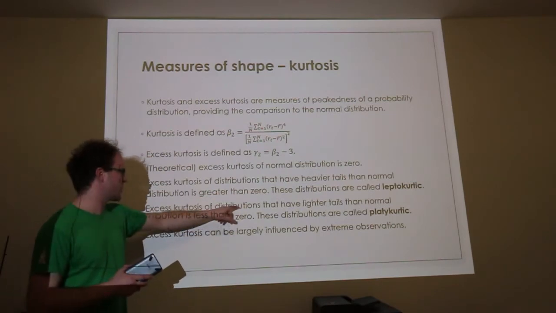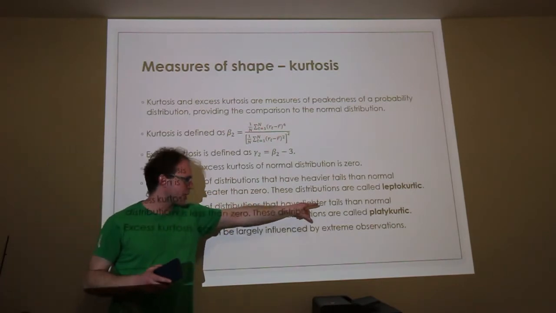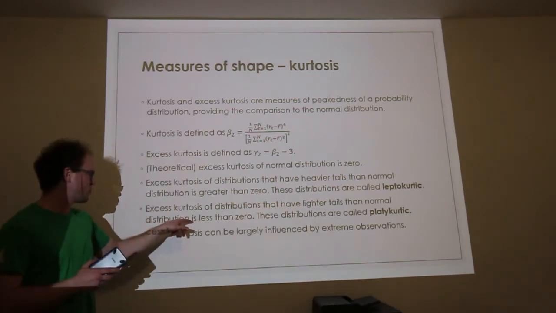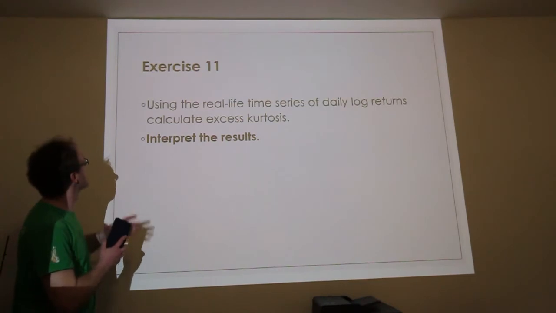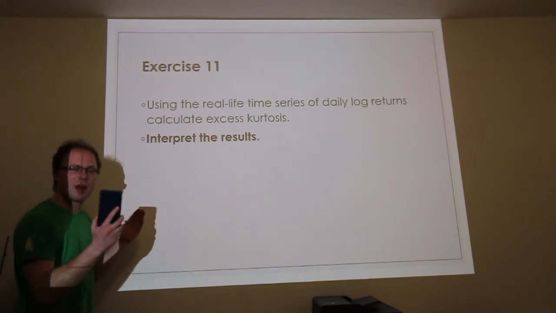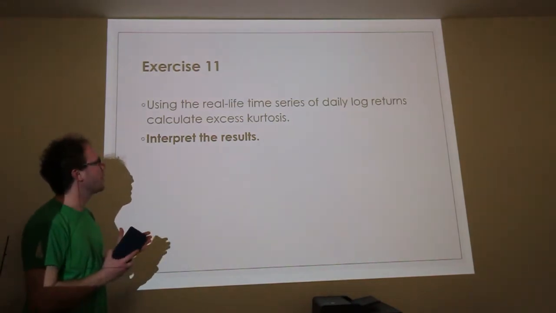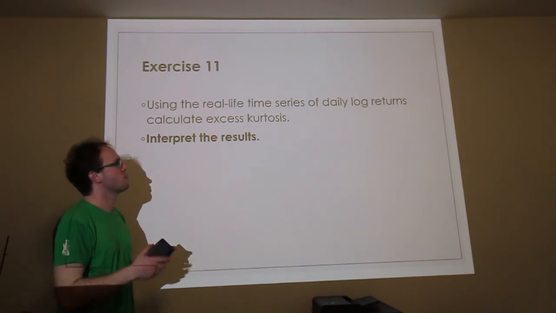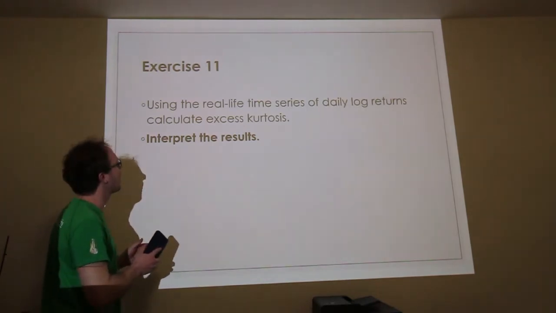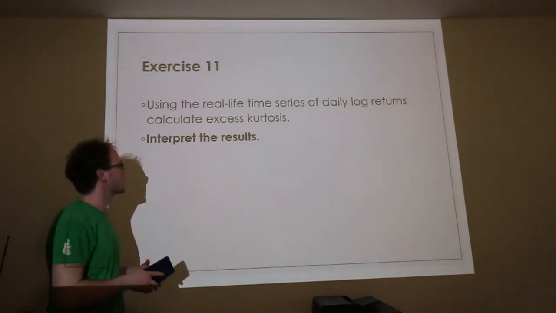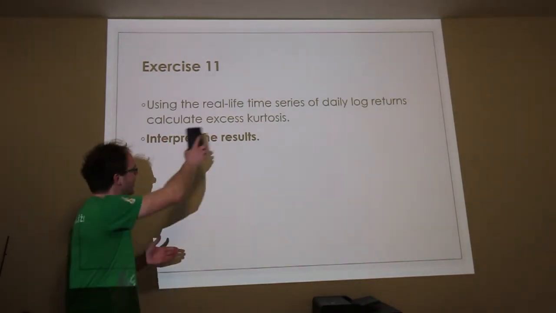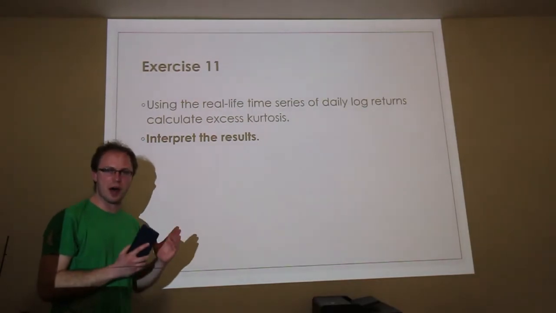Excess kurtosis of distributions that have lighter tails than normal distribution is less than 0. So, there is exercise 11. Using the real time series of daily log returns, we will calculate the excess kurtosis, and we will speak about these results.